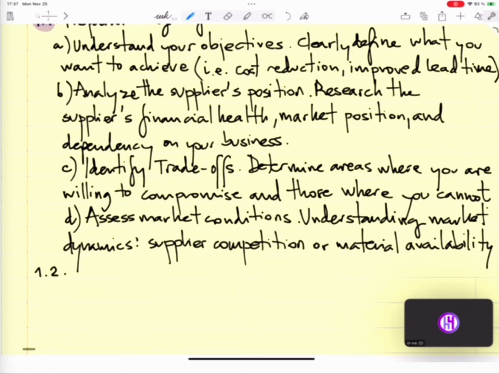The second point when you're doing a negotiation with your supplier is to use the appropriate negotiation technique. Common approaches could be to look for a win-win negotiation.